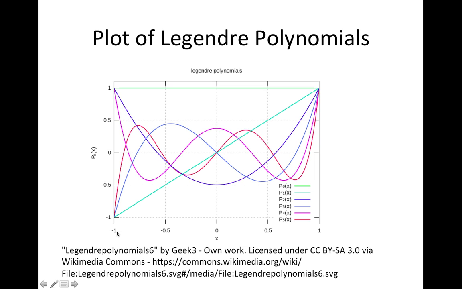If you plot them between -1 and 1, then you find that they all end at 1, and they all start at either 1 or -1, and the first two have this constant and linear behavior, and then you get these sort of oscillatory looking shapes.